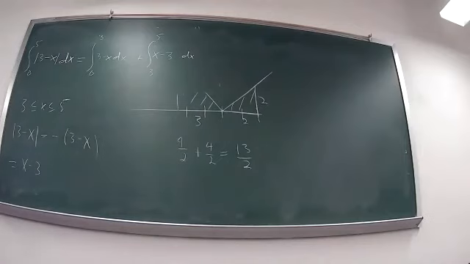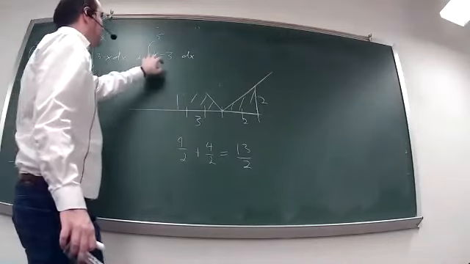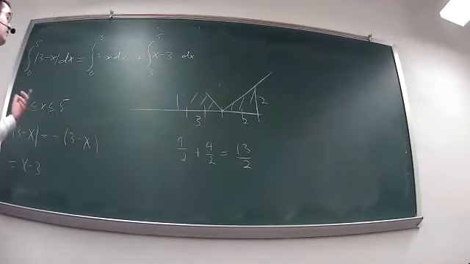Now that I've rewritten it without the absolute values, it becomes quite straightforward to find an antiderivative. That's the point of doing that. There was no obvious candidate for an antiderivative of the absolute value of something, but there is an obvious candidate for 3 minus x or x minus 3.